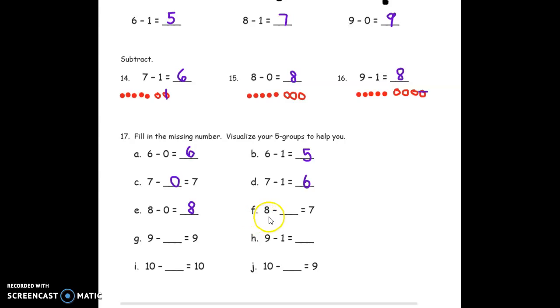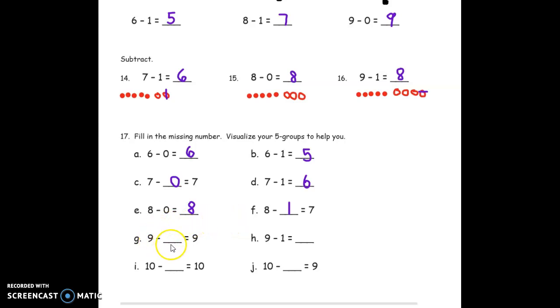F. 8 subtract unknown equals 7. I can see that 7 is 1 less than 8. If I count, I would go 1, 2, 3, 4, 5, 6, 7, 8. That's one number in between. You took away 1 from 8.